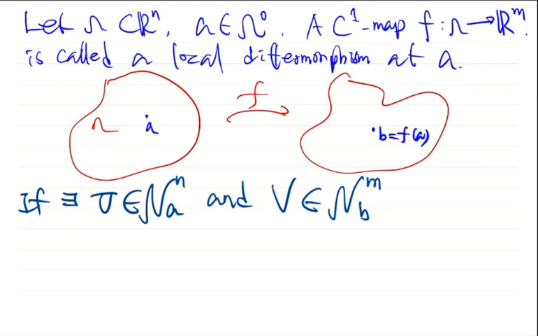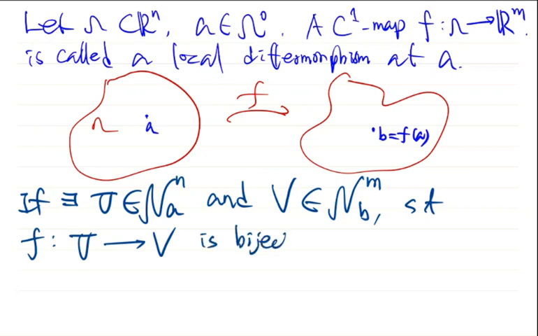So U is an open subset in Rn containing A. V is an open subset in Rm containing B. If we have such a pair of open sets containing A and B respectively, so that this map is bijective, it is one-to-one and onto, then it has an inverse.